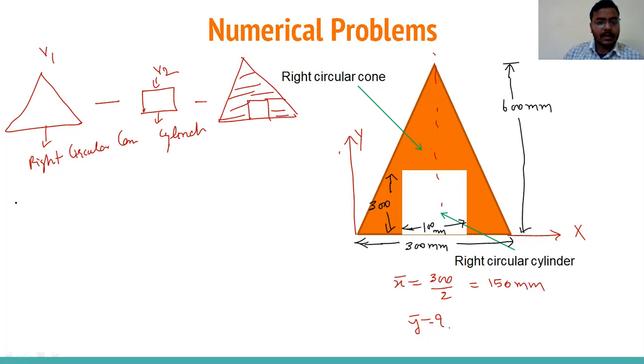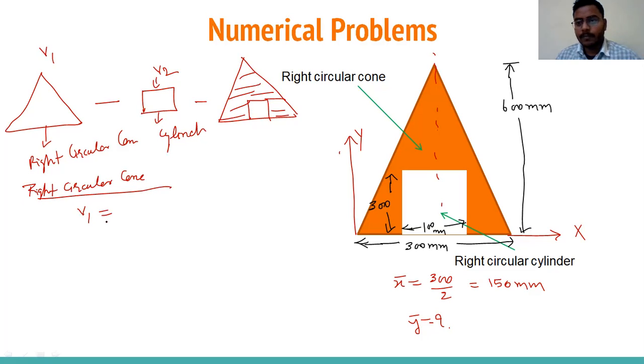So for this right circular cone, V1, what is the volume of a right circular cone? That is 1/3 into pi by 4 into d square into height. What is the dimension here? Diameter 300 squared, into the total height, that is given as 600.